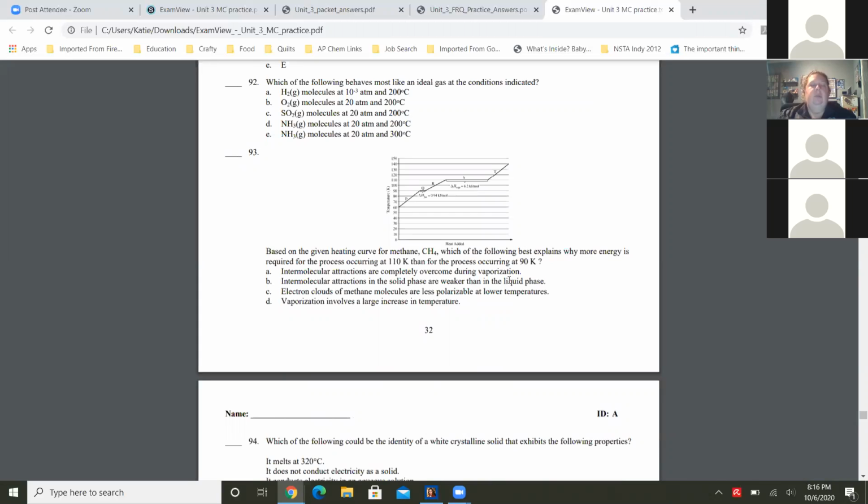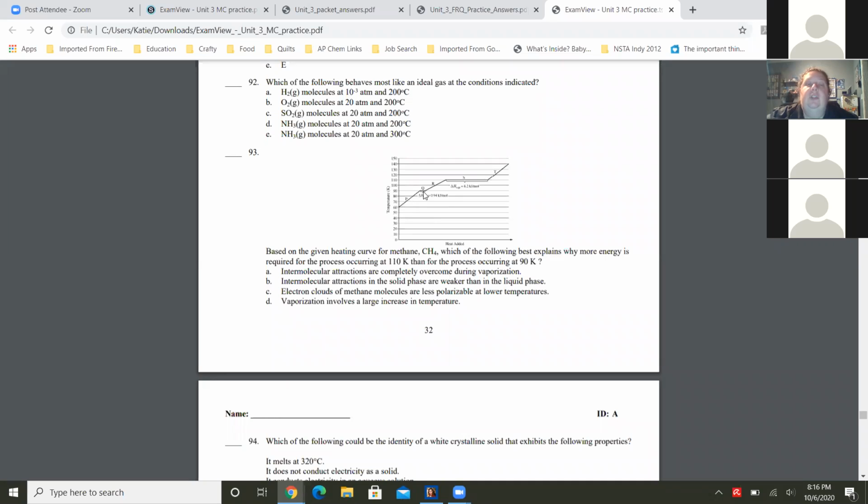All right, so this one, we didn't specifically use these graphs like this, so a little bit of extra information might be more useful. AP has said that you don't need to know how to read these graphs anymore, so I didn't teach them to you. But what's going on in these graphs is that line P is where we have a solid because it's a lower temperature.